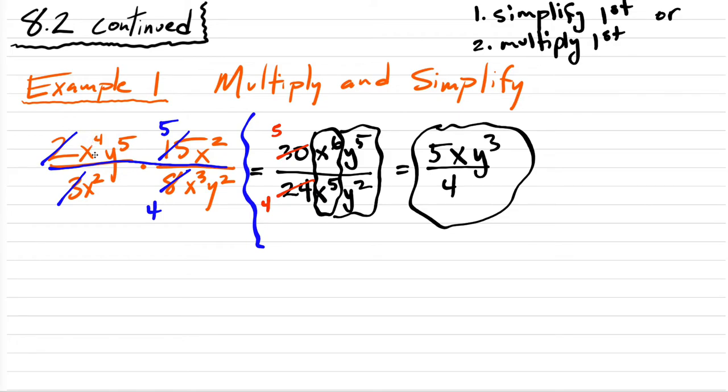The downside to this method is it's all over the place and it's messy. These two can go together and leave x2 on the top. These two can go together and leave x negative 1 on the top. And then we have a y5 and a y2 separated, but one's on the top, one's on the bottom, so I can still subtract them and get y3 on top.